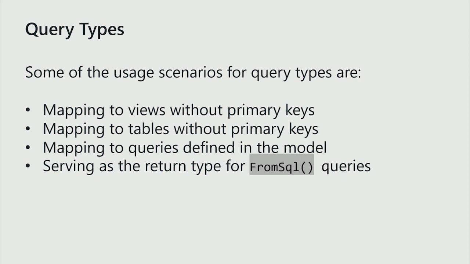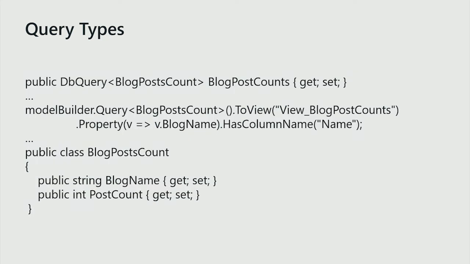We might take a look at that, but that's kind of from the developer side. And then it also serves as the return type for some from SQL queries. So if you're using a lot of views, your developers now can create code to work with those views.